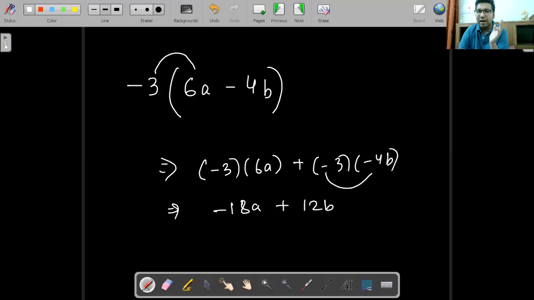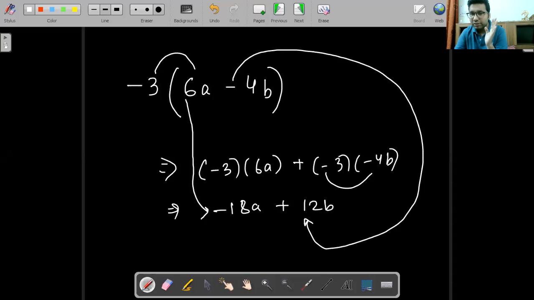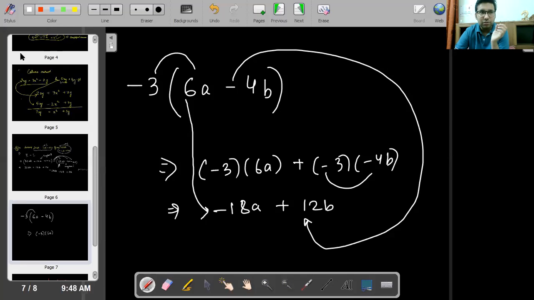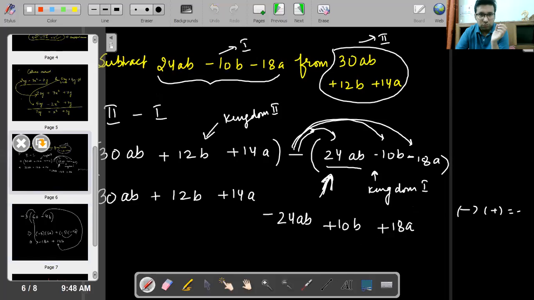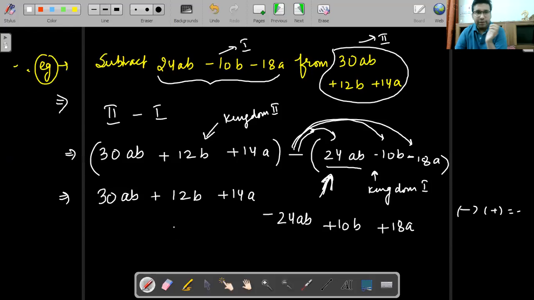Try to understand. If outside there is a negative sign, then all the signs inside will change. Why? What was positive will become negative, and what was negative will become positive. Negative has this power. Okay, now let us see the question back. This was the question, no? Now see, we have to see outside we have a negative sign. Class, just observe now.